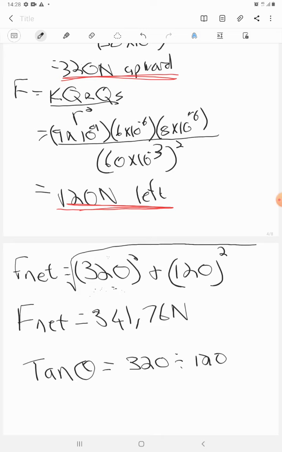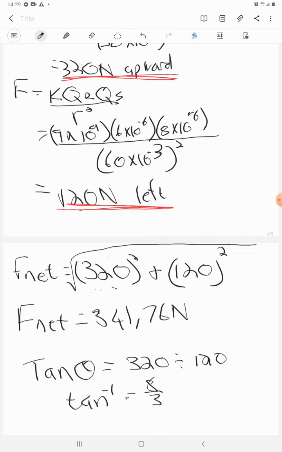If you know how to use your scientific calculator, click shift, then tan, so it looks like this: tan to the power of negative 1 of 320 divided by 120, which is 8/3.